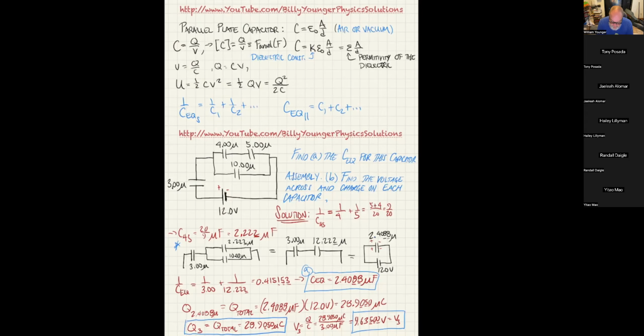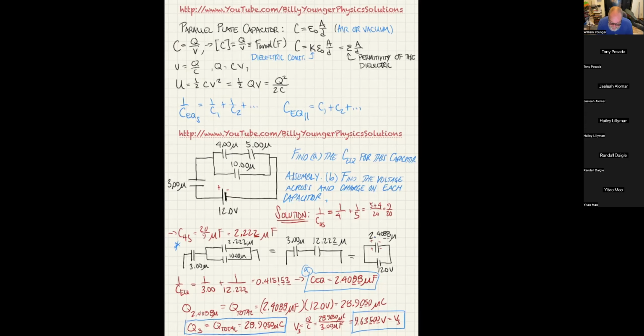So the amount of charge I'm going to send out is basically Q equals C times V. So the Q3 that we were able to find is basically because the total charge that the battery lets out because of that 2.4088 is exactly the charge that the 3 microfarad capacitor gets.